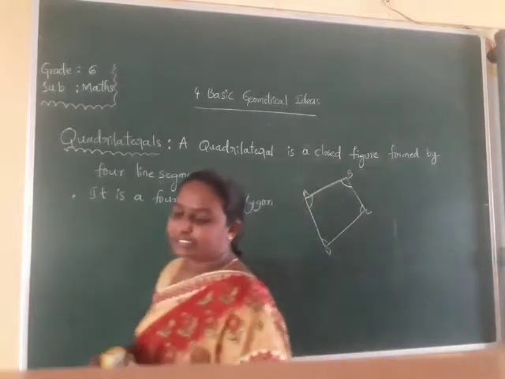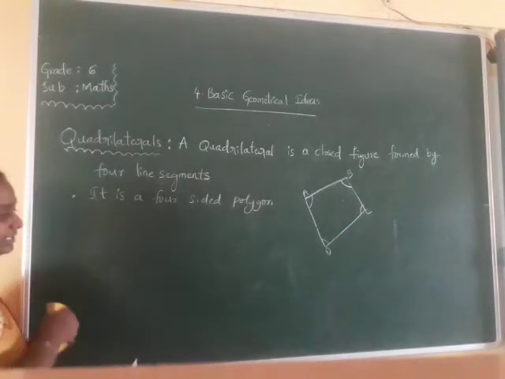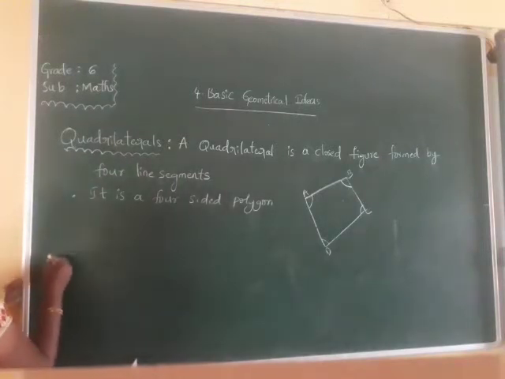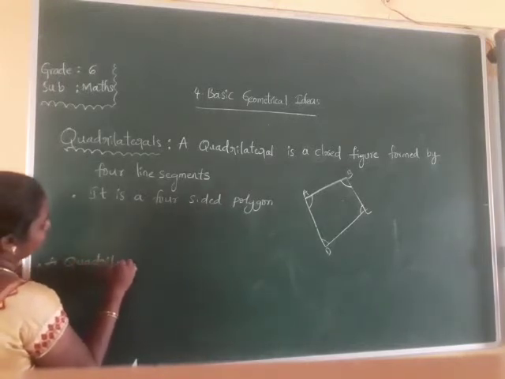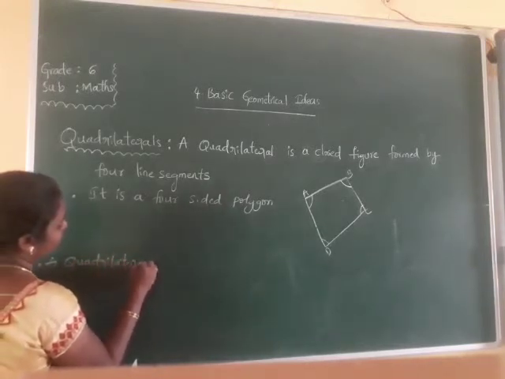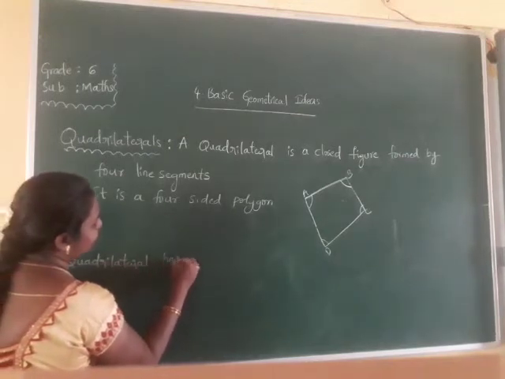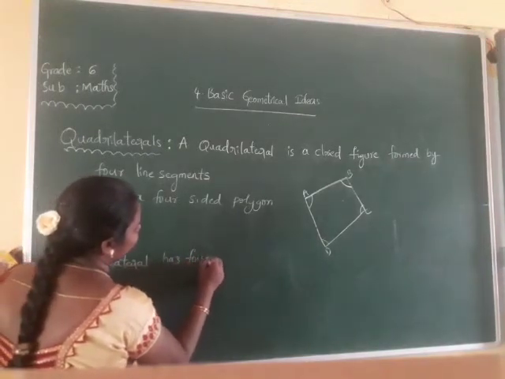So here the quadrilateral contains four sides. Write that down. A quadrilateral has four sides.